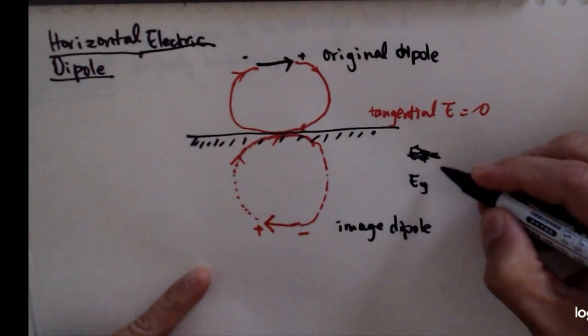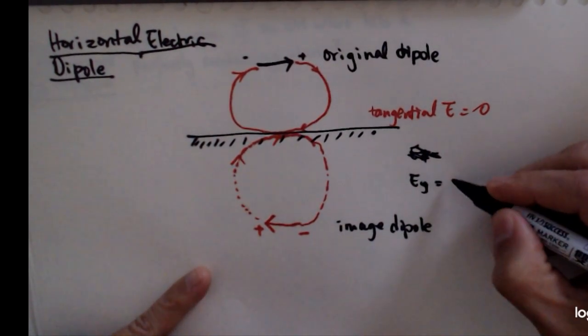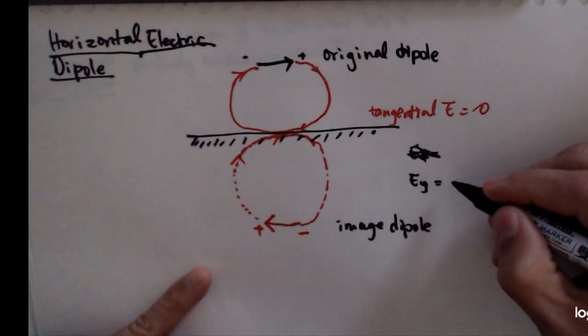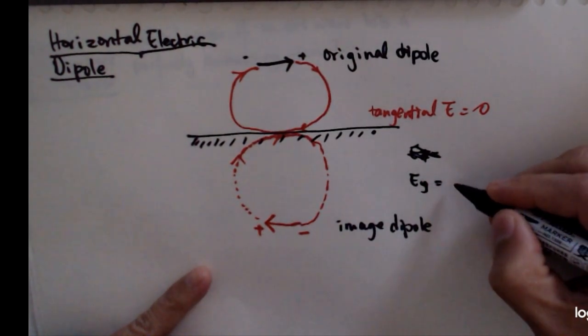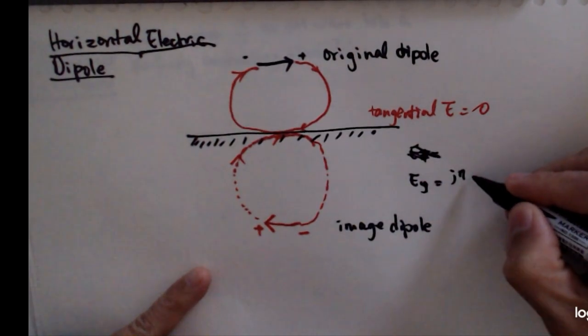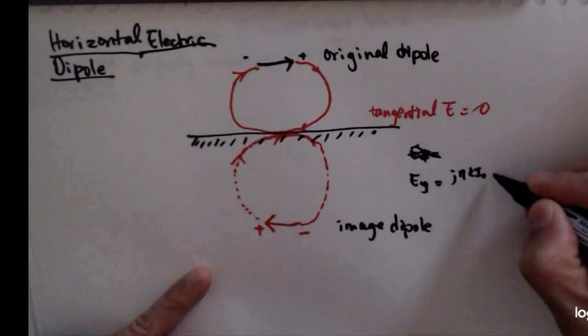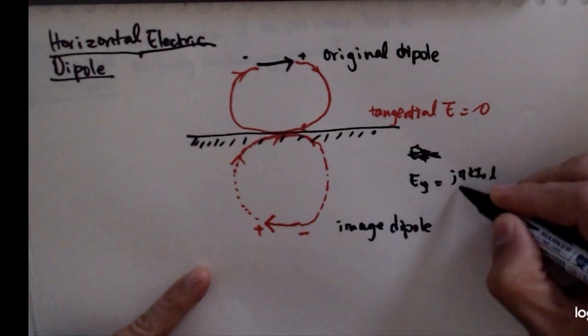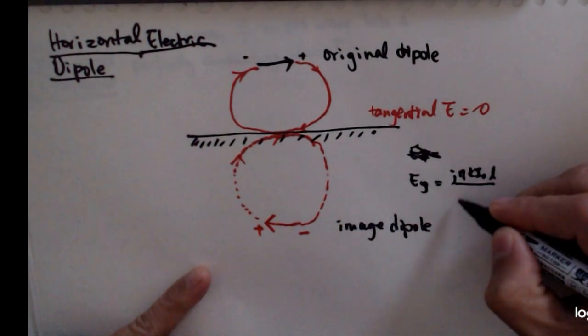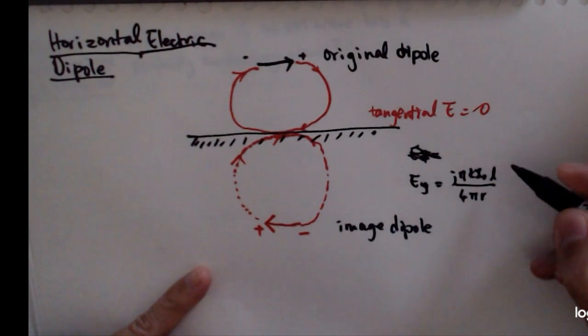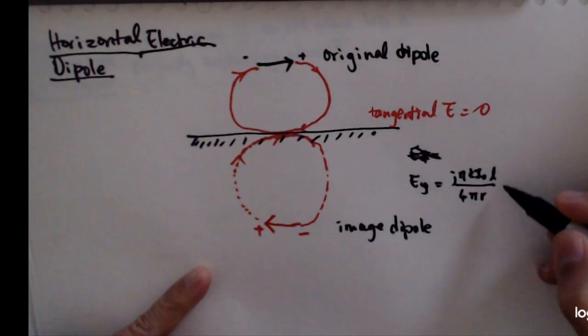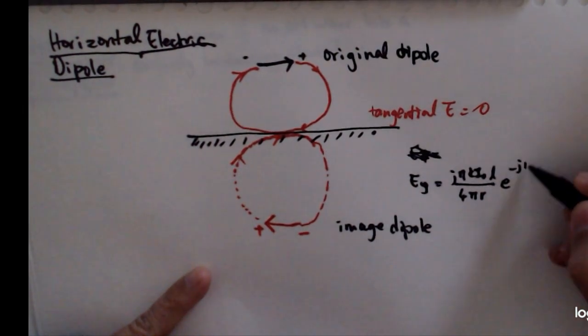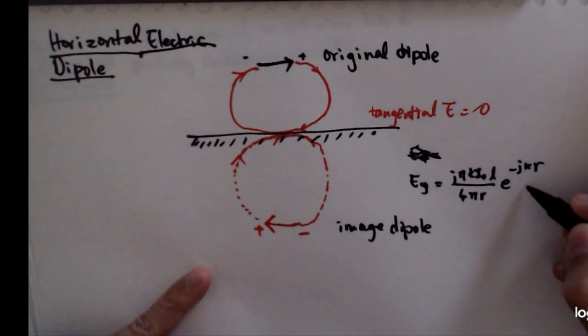Then you will expect the electric field to be k I naught L over 4 pi R, first this, and then sine psi.